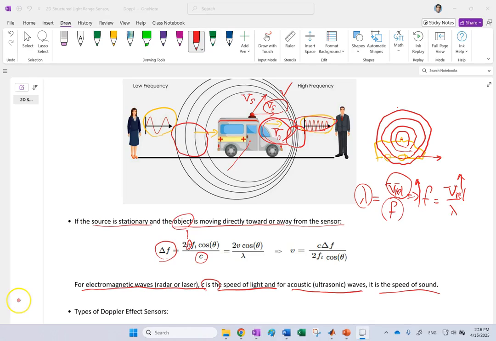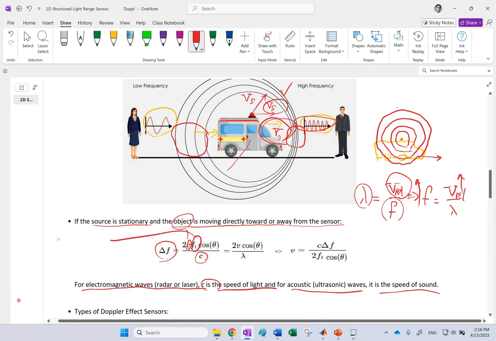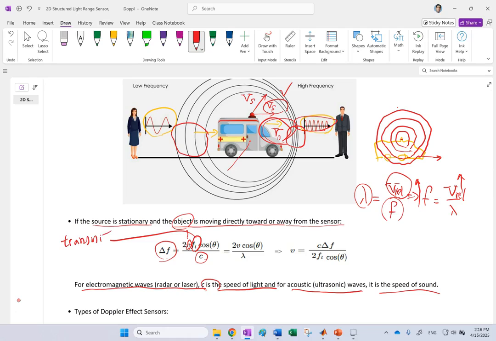ft is what? That's the transmitter frequency, so that is your transmitter or the source frequency. And cosine theta is for the cases where the object is not directly coming at you, but at an angle.